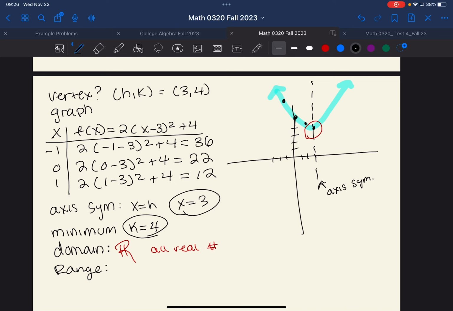Positive infinity. So that means we're going to have 4 with a bracket, because that 4 is included, all the way up to positive infinity. So our range is always going to include the k value.